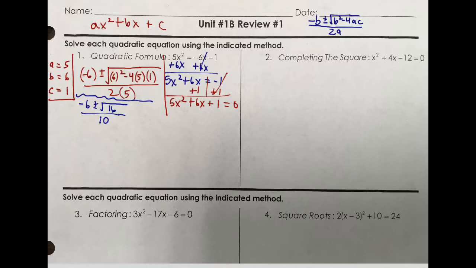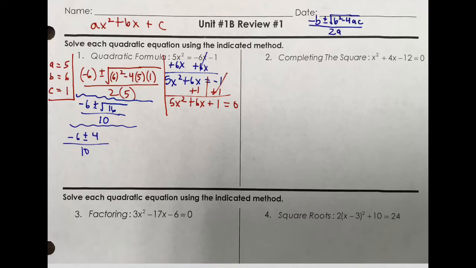Next, we're going to solve what is on the right side of that plus or minus, the square root of 16, because we can take the square root of that. The square root of 16 is 4, so that leaves us with negative 6 plus or minus 4 over 10.